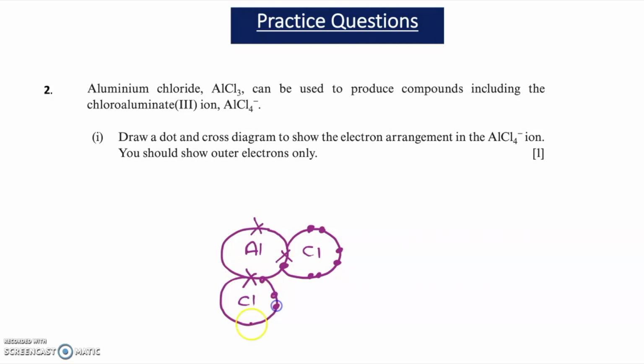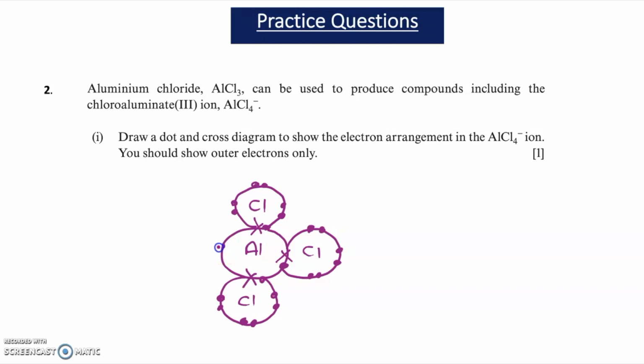First I'm going to draw AlCl3, and that's what I'm putting in the electrons for each chlorine atom here. And you'll notice that chlorine's got 7 electrons in the outer shell, and I'm representing these by dots, and it gains a full outer shell by sharing with one of aluminium's.